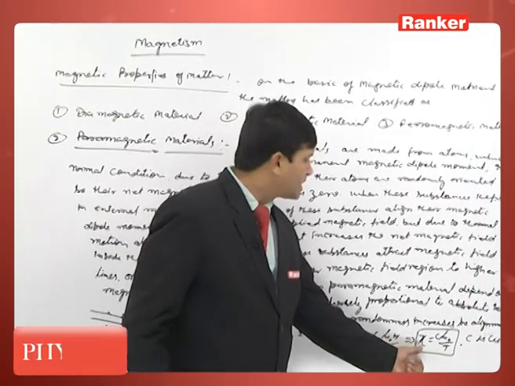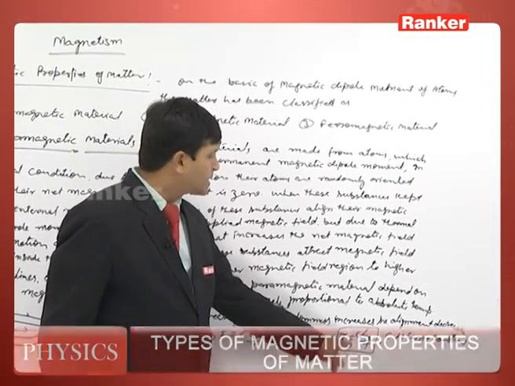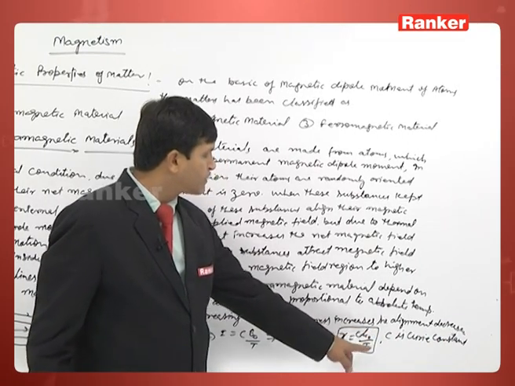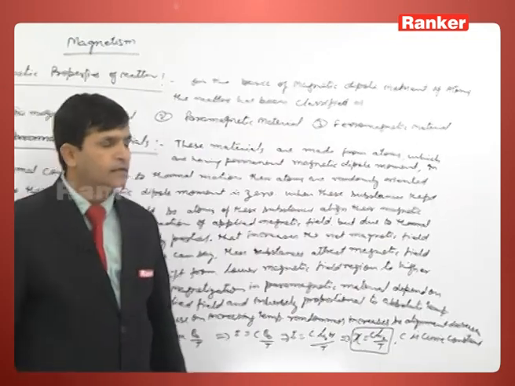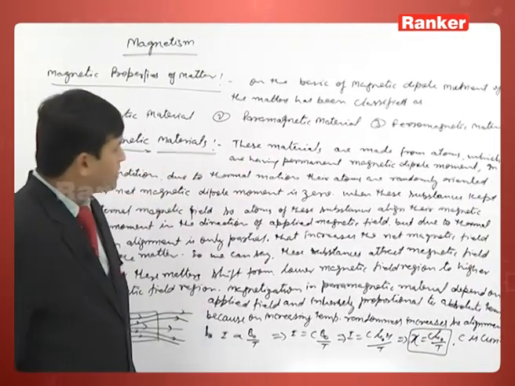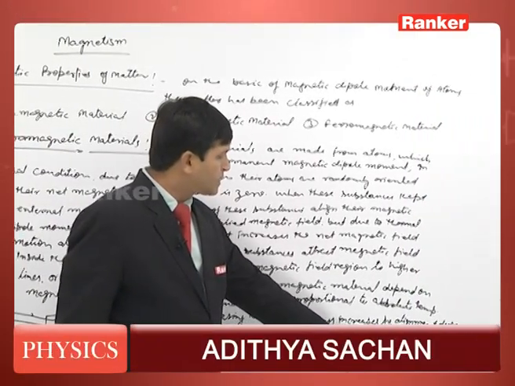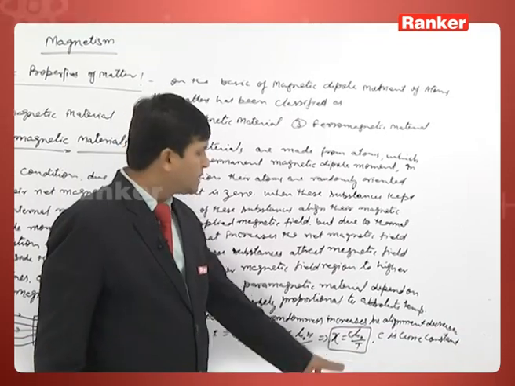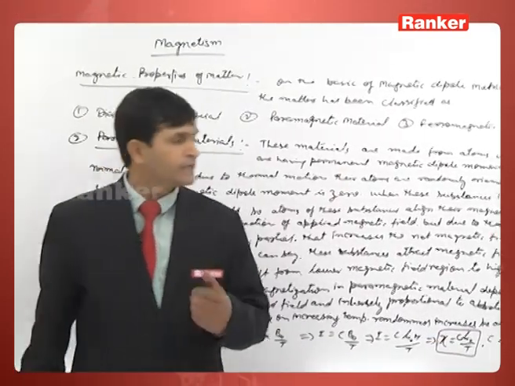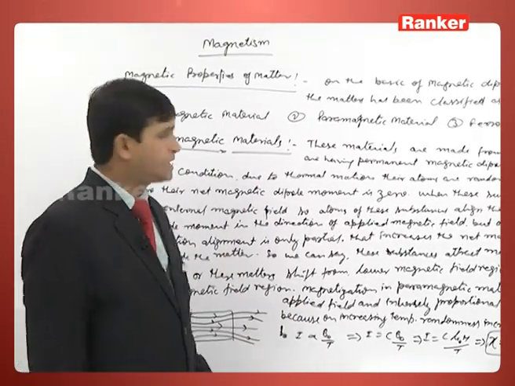Chi is the susceptibility of paramagnetic material, which is equal to C, the Curie constant, mu naught, magnetic permeability, and T is the absolute temperature of the material. The susceptibility is inversely proportional to temperature. As temperature increases, susceptibility decreases. Susceptibility decreases means magnetization in the material decreases.